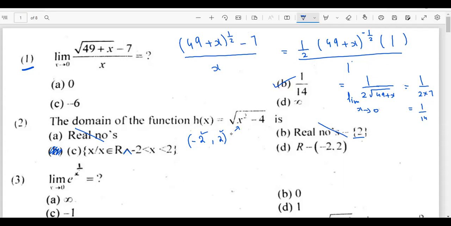So this is exactly the set which would be problematic for us. We need to get rid of this. So the answer would be D, because we have all the real numbers minus this problematic set.